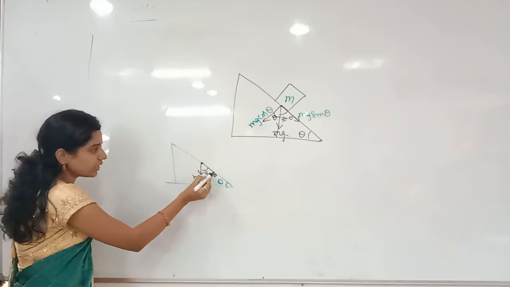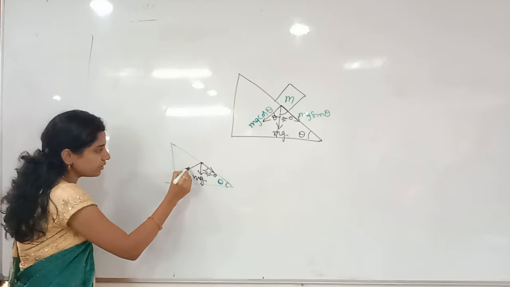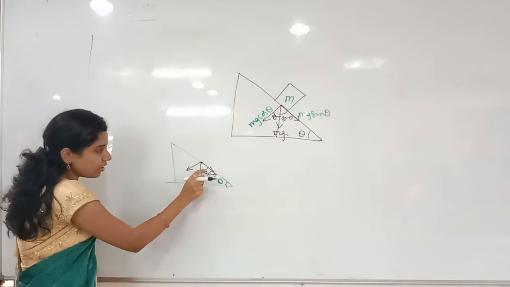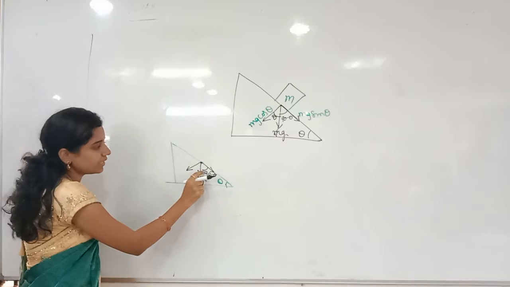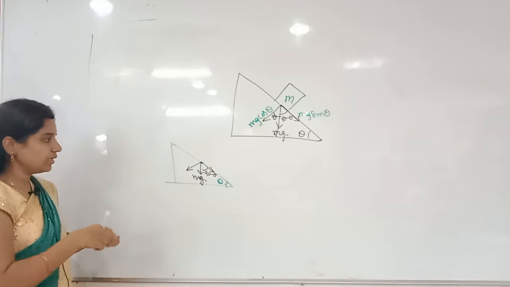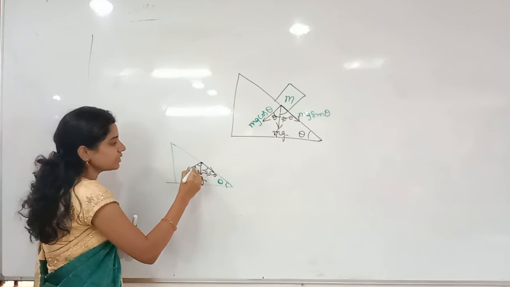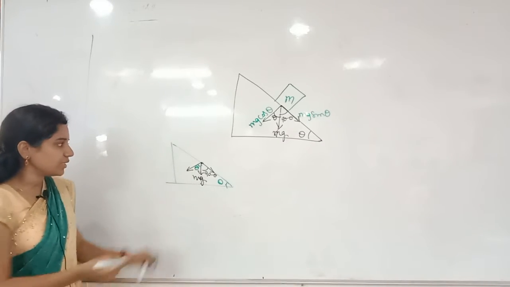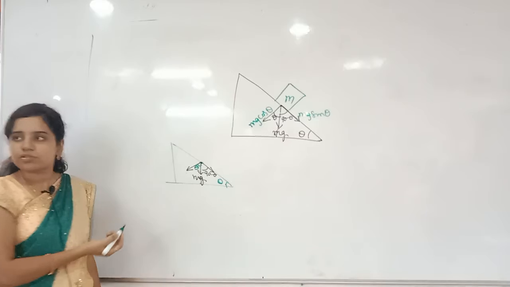Between the line along the inclination and mg the angle is 90 minus theta, and the next angle will automatically be theta.